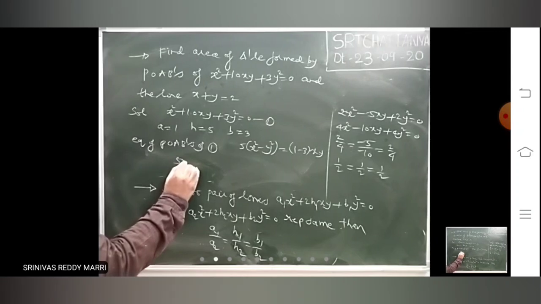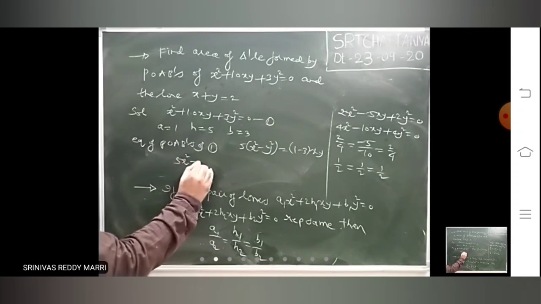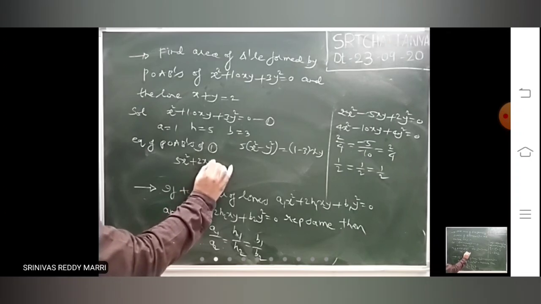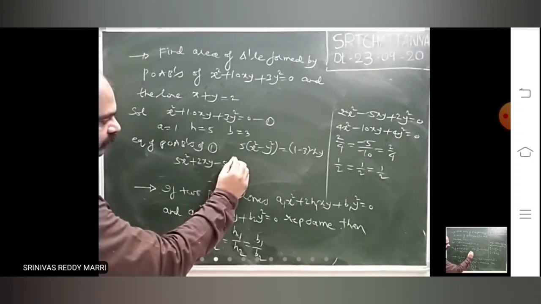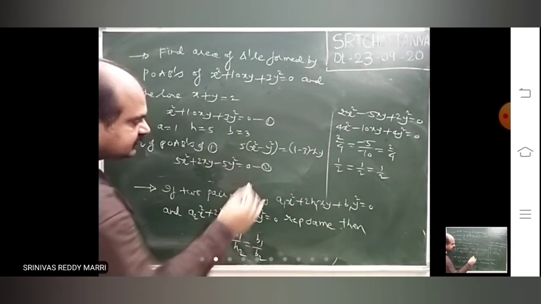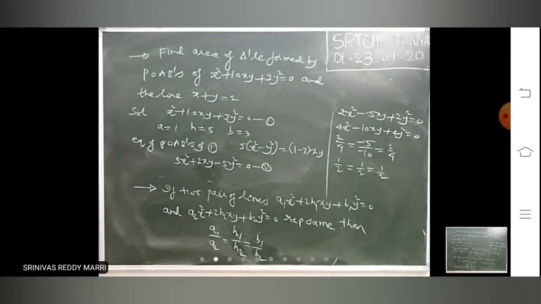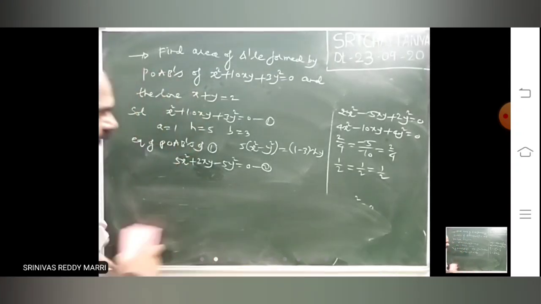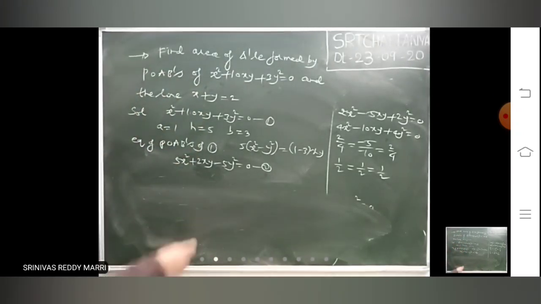Bring this side, so 5x square plus 2xy minus 5y square equal to 0. So this is 2.